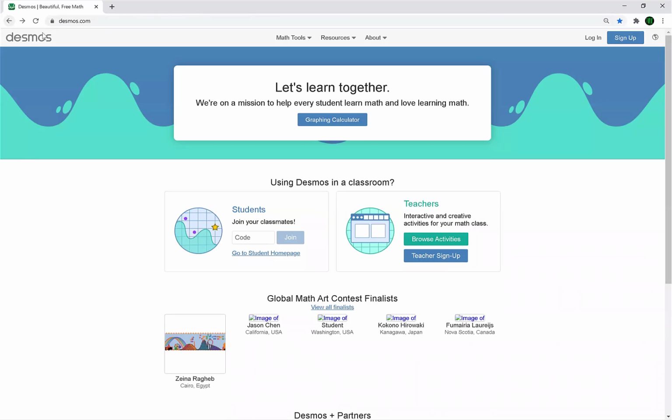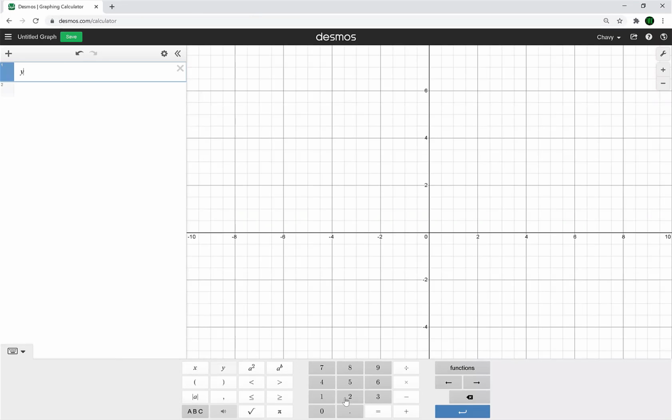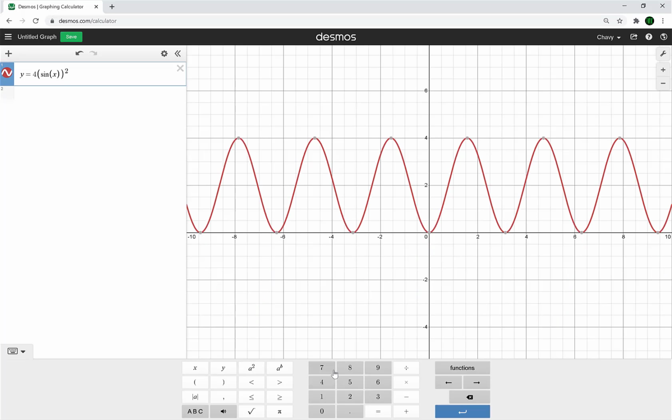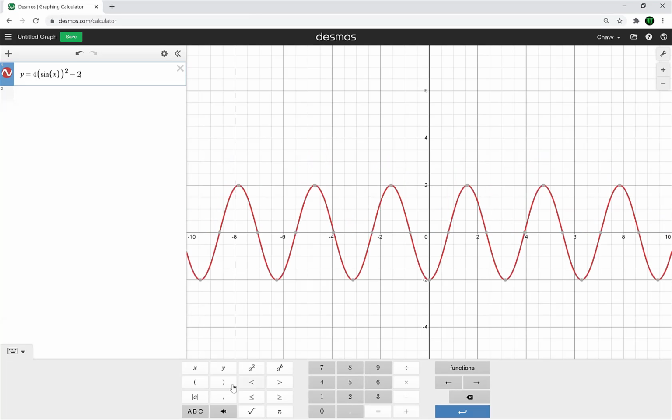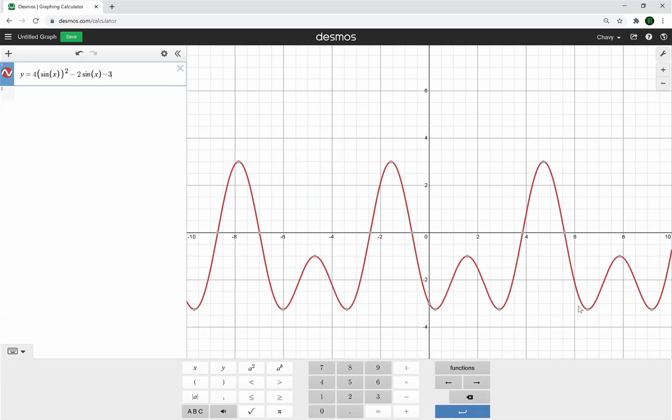Back screen, graphing calculator, and I'm going to type in y equals 4 sine squared x, the original equation, minus 2 sine x, minus 3. Look at this awesome wave, guys.